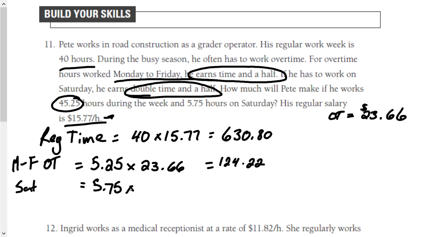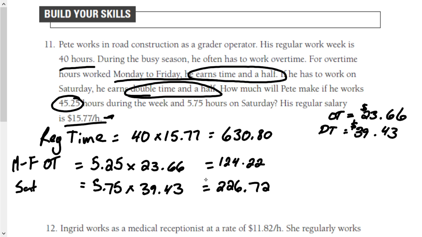And then Saturday is equal to 5.75 times double time and a half, so 15.77 times 2.5 is 39.43. Times 5.75 is $226.72.